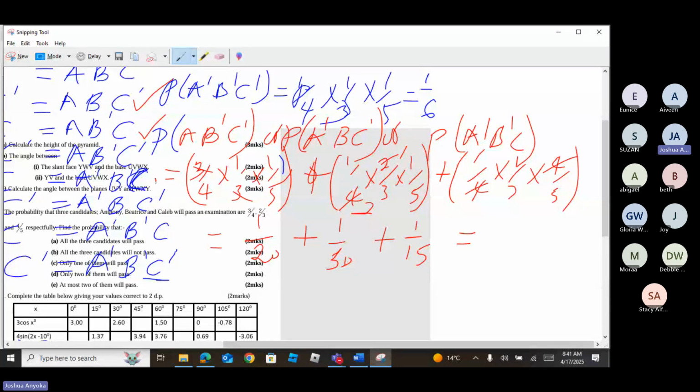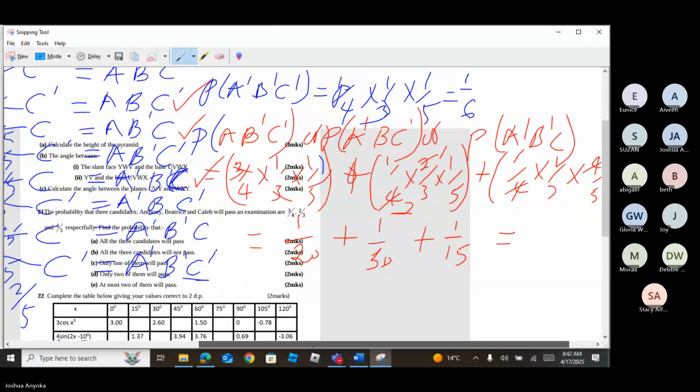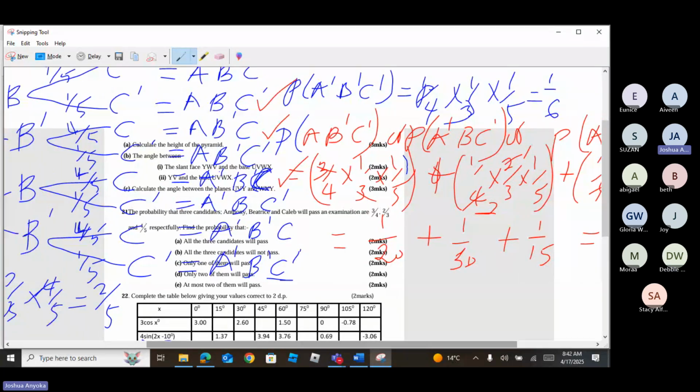This one, Anthony failing, Beatrice passing, and Caleb passing. They should be 3. Only the probability that only 2 of them will pass.